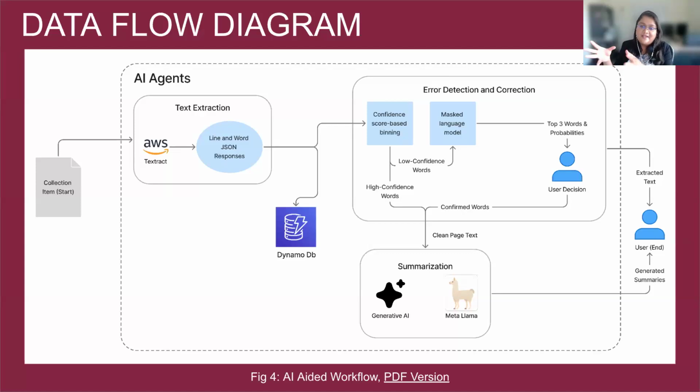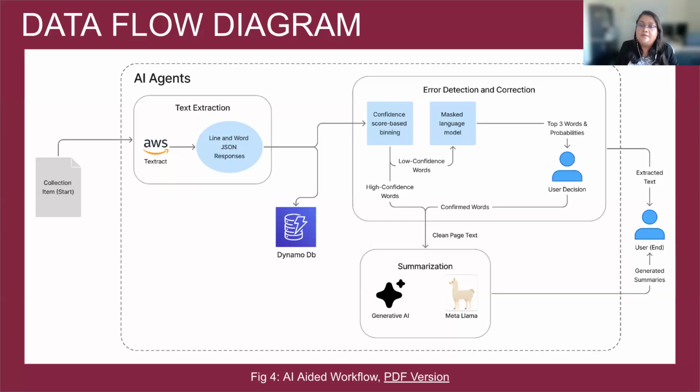Again, I'll discuss this in detail in subsequent slides, so it'll make more sense. But once we have a confirmation that this particular word is the one that should be in this context of that line, we send the entire clean page text through the summarization module, which is a generative AI in this case, and we use Meta's Llama 3.2, 8 billion model.